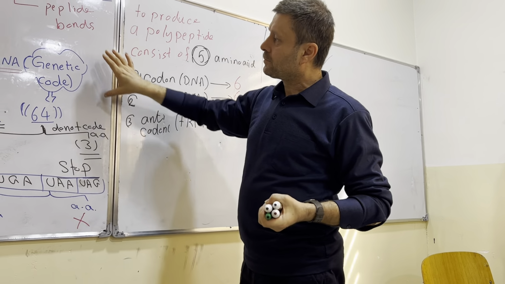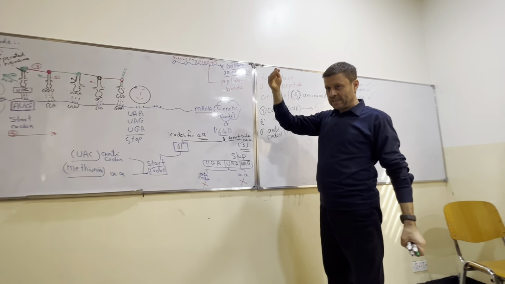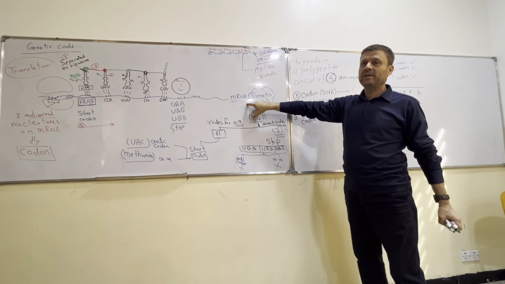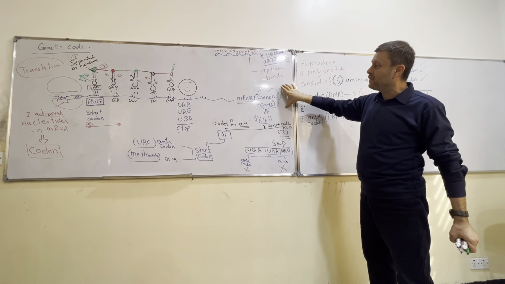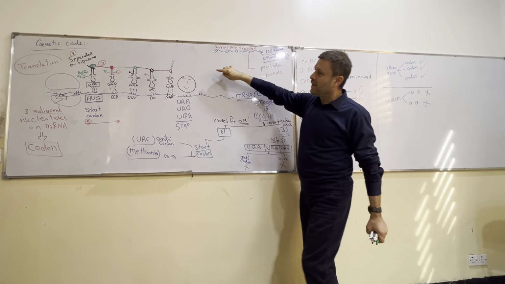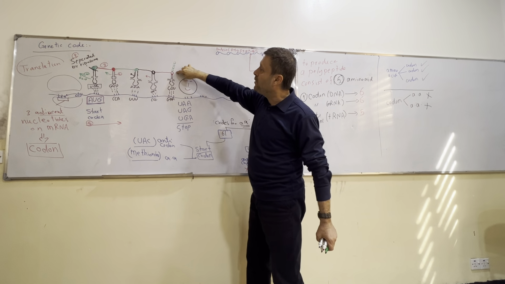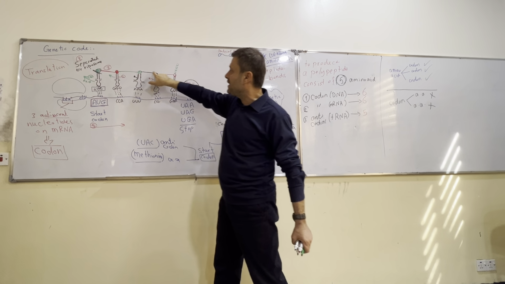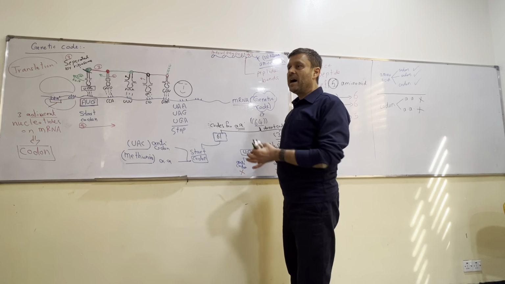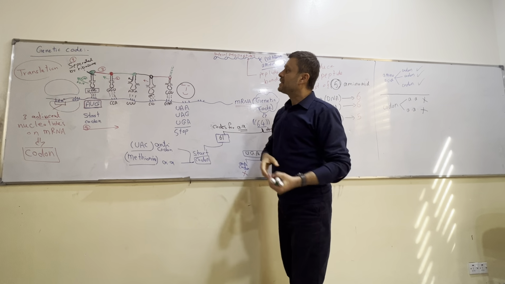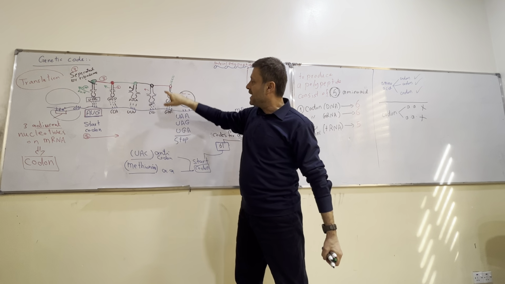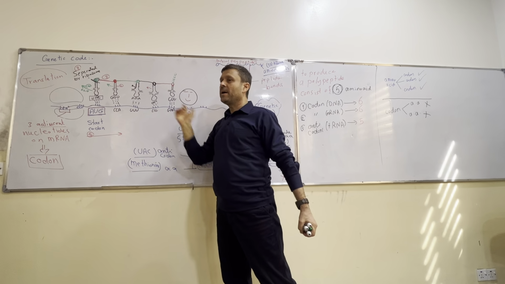The genetic code means codons on mRNA. It illustrates the relation between the sequence of the amino acids in the polypeptides and proteins and the sequence of the nitrogenous bases on mRNA.